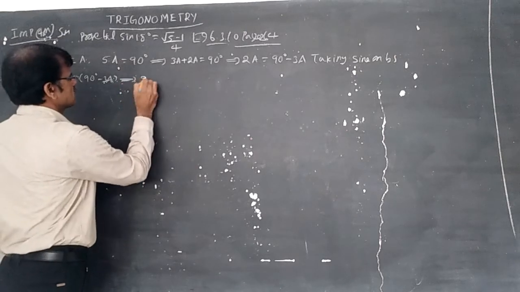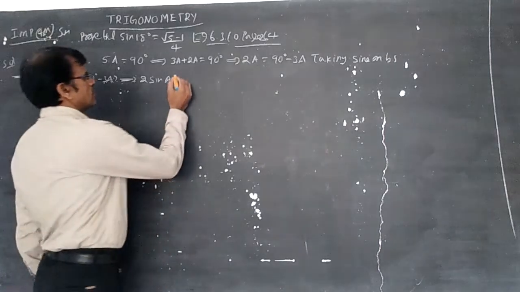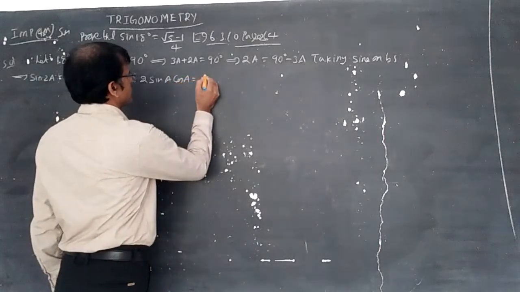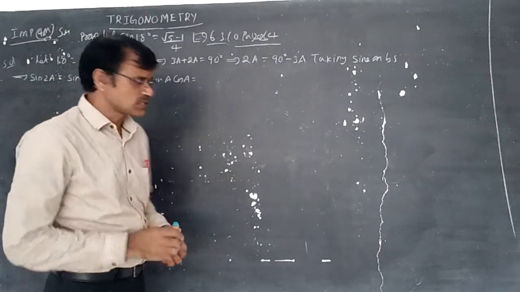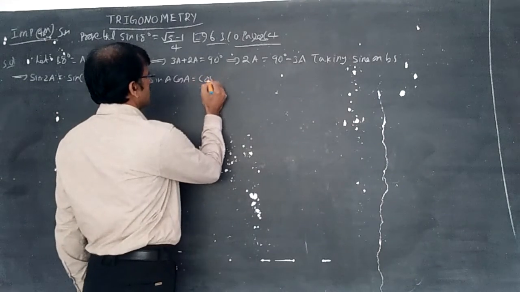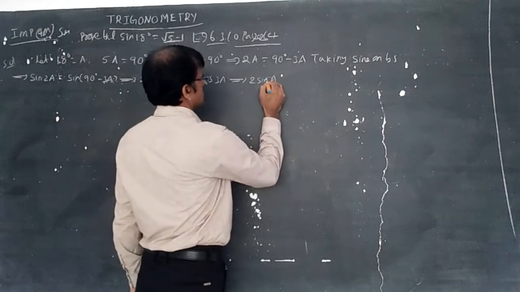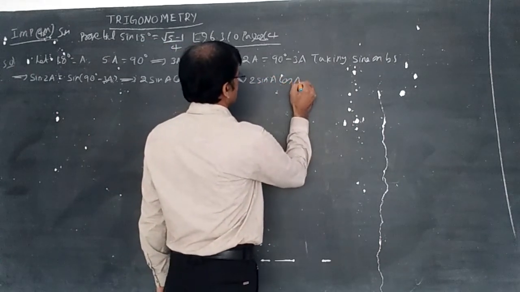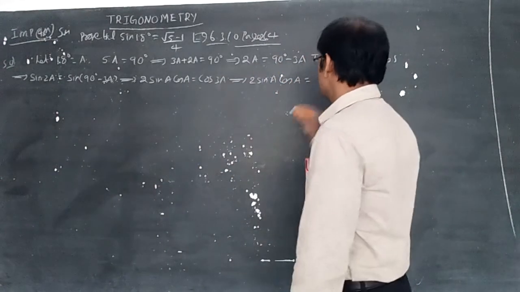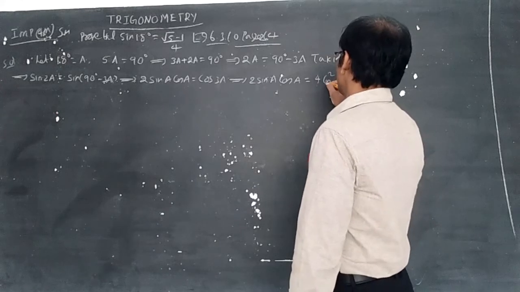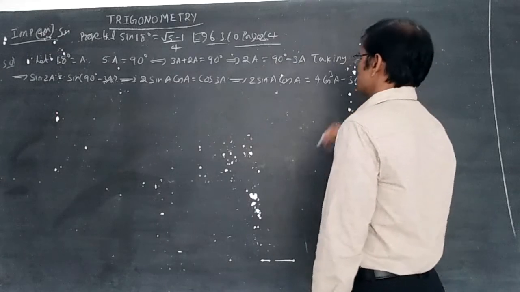That implies, we have learned the formula sin 2A as 2 sin A cos A. We know the complementary angles formula, sin 90 minus theta is equal to cos theta. Now you write here that this is cos 3A. That implies 2 sin A cos A is equal to, in today's class we have learned the 3A formula, cos 3A as 4 cos cube A minus 3 cos A.